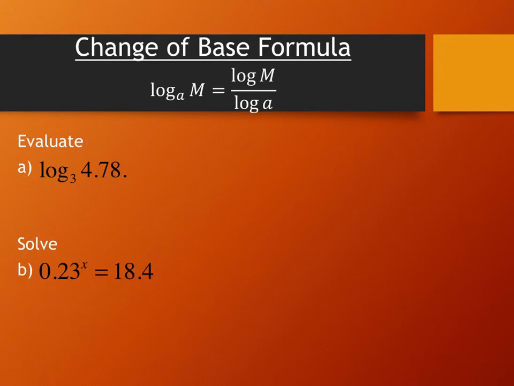It says that if I have one of these weird bases, not a 10, not an e, anything else, so log base a of m, I can change that into a division of logs: log of m divided by log of a. The reason that's preferable is because log, the common log, is in your calculator.